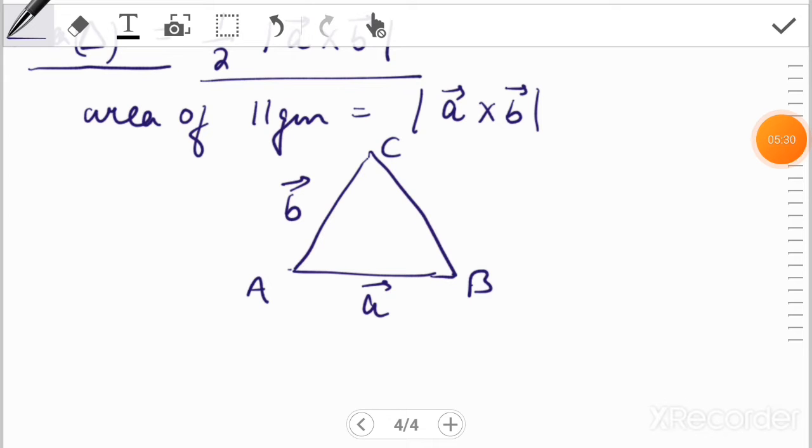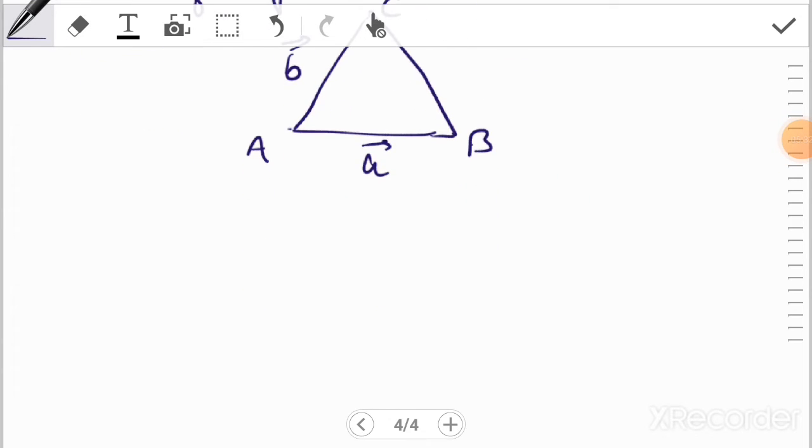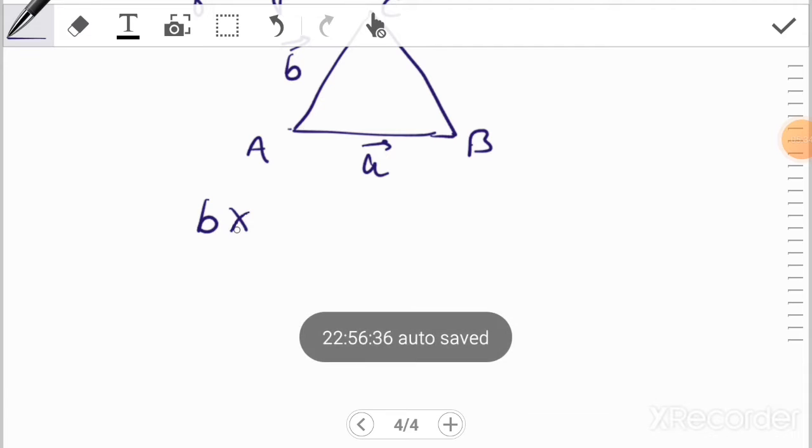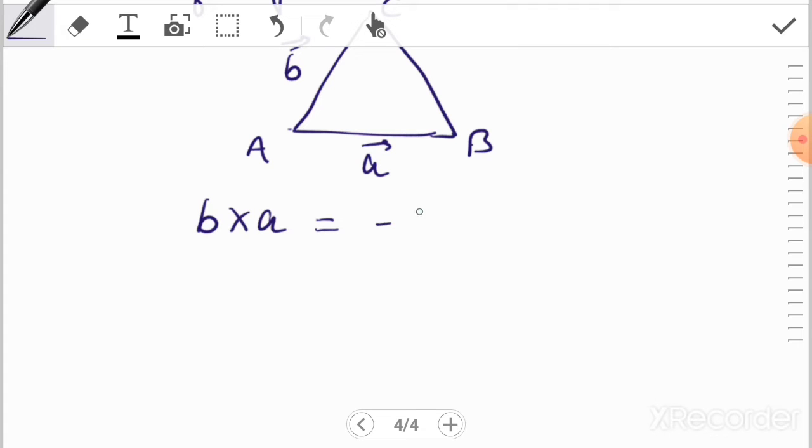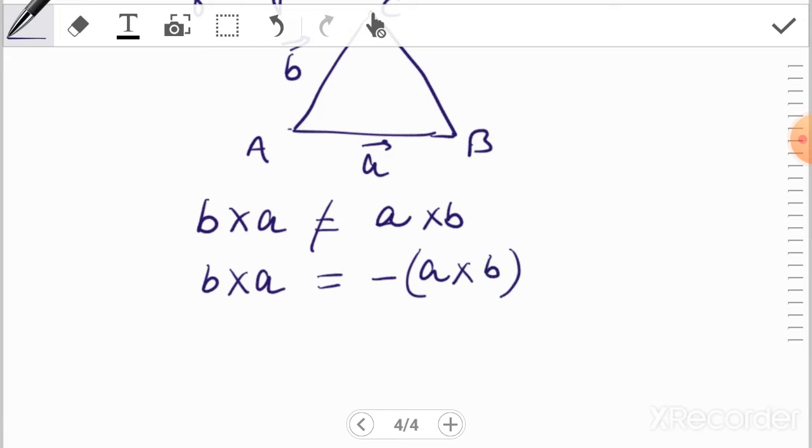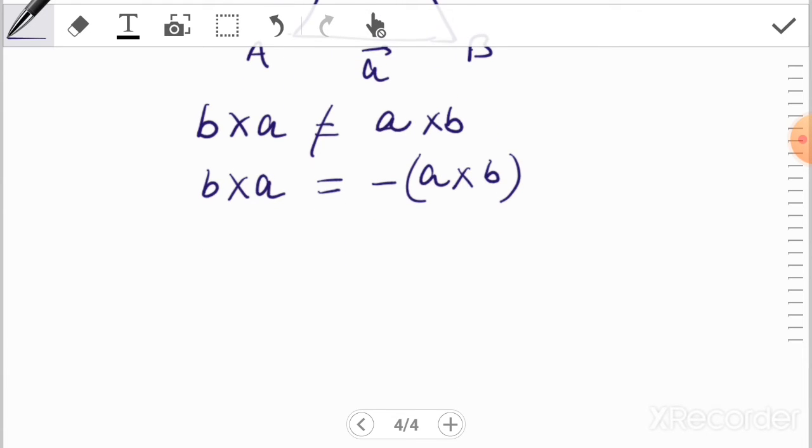Vector product is not commutative, that is B cross A is not equal to A cross B. So B cross A will be equal to minus of A cross B, and vector product is not associative even.